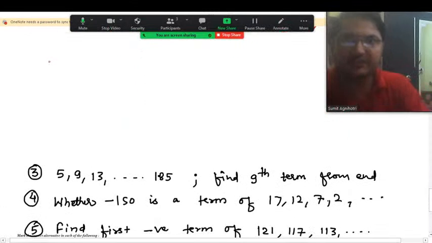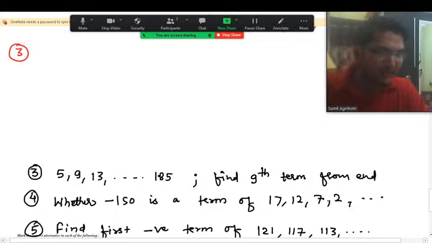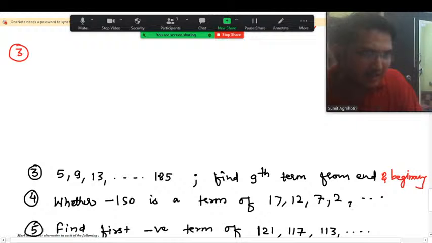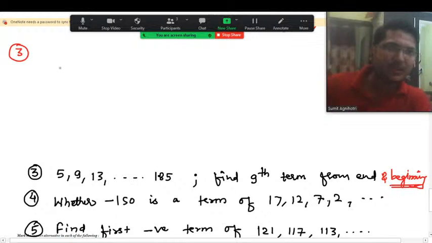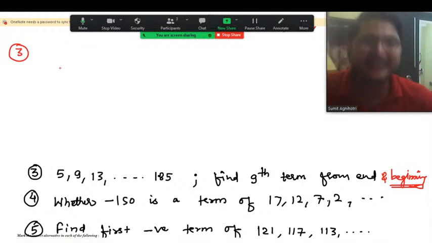If no issue, we can solve the third question. Here we have the third question: find the ninth term from end. I'm also including find the ninth term from end and beginning. I'm including both things here. If you are supposed to find the ninth term from beginning, can you find it out? I want answers from you all. Tell me the ninth term from beginning first.